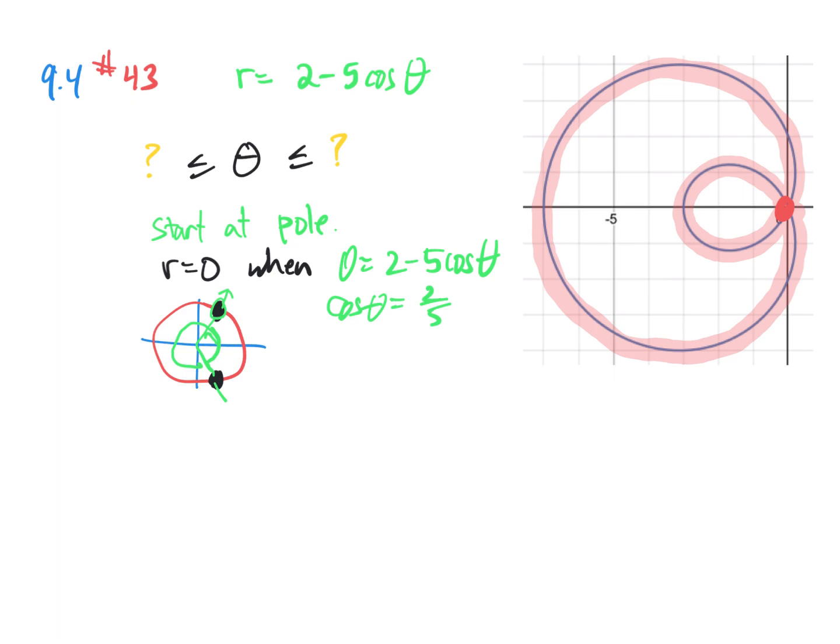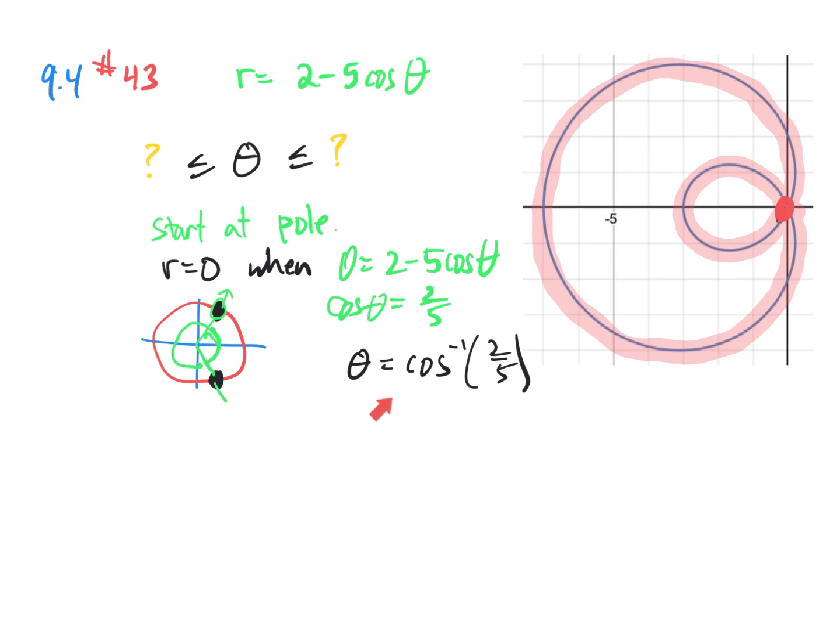But remember, we're trying to find 3 values of r equals 0. So once we have the first one, as we traverse, we'll hit r equals 0 a second time and a third time. And that will give us the answer to an example of an interval of theta values, which causes us to traverse the path an entire time.